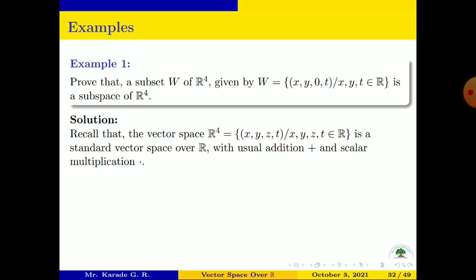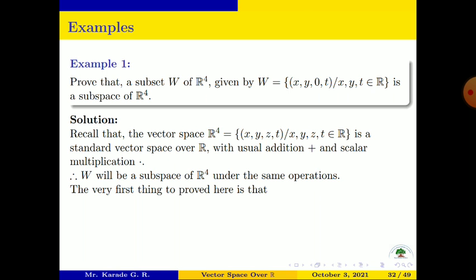We have been given one subset of R4, and W will be a subspace of R4 under the same operations if it satisfies some conditions. The very first thing to prove here is that W is non-empty.